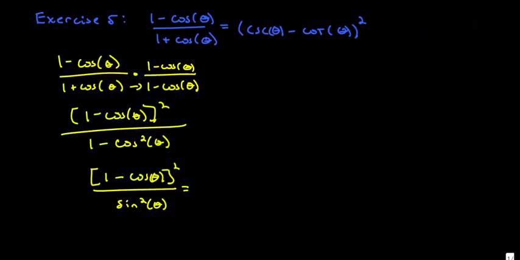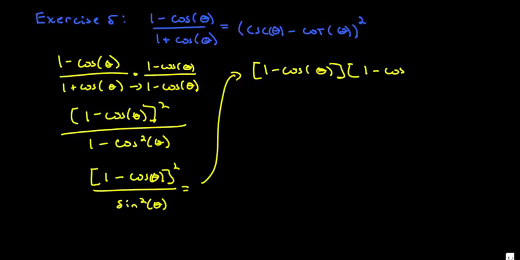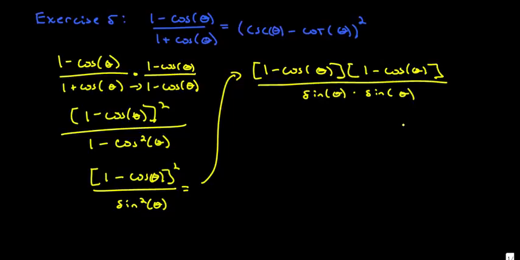Essentially this is what I've got. On the top, I have 1 minus cosine times 1 minus cosine, and on the bottom I've got sine times sine. It's multiplication.